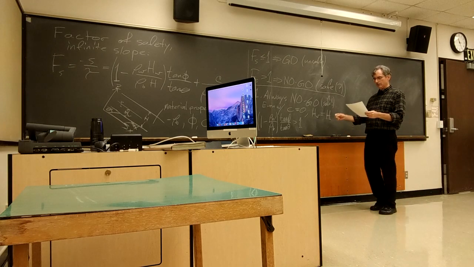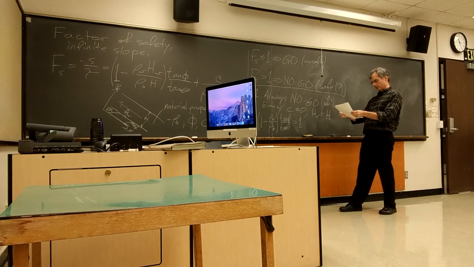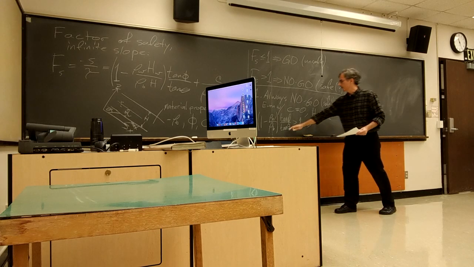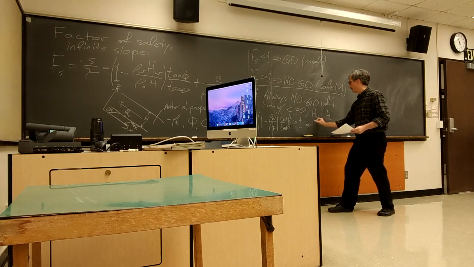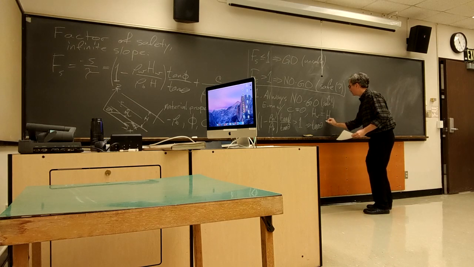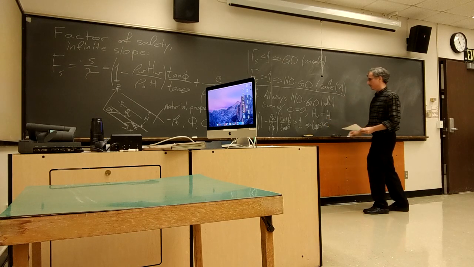And what that then implies is simply that if I just multiply both sides by tan theta, I can solve for the slope at which this is true.